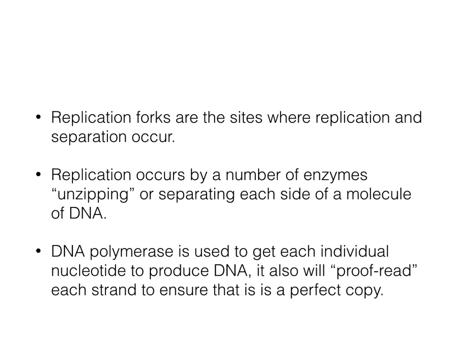Now, replication forks are the sites where replication and separation occurs. Replication occurs by a number of enzymes unzipping or separating each side. DNA polymerase is used to get each individual nucleotide to produce DNA. It will also proofread each strand to ensure the perfect copy.